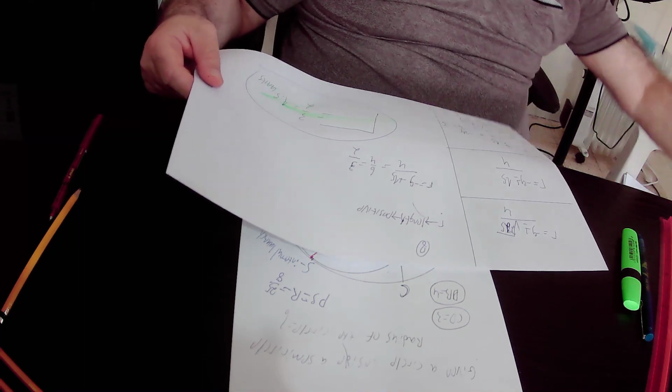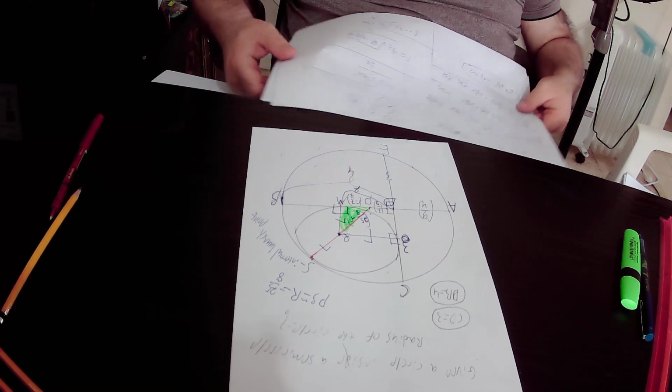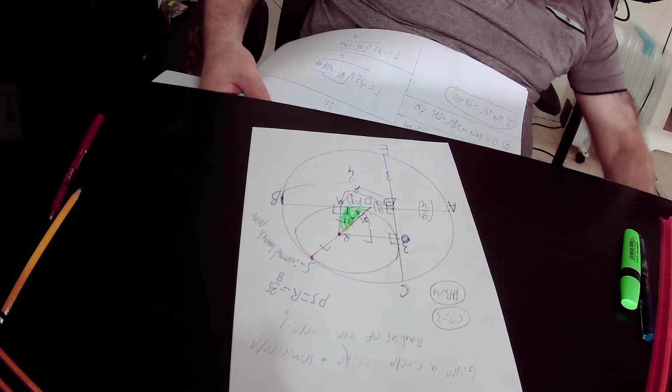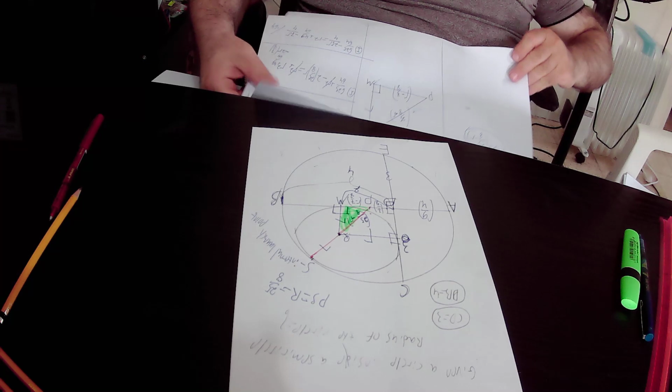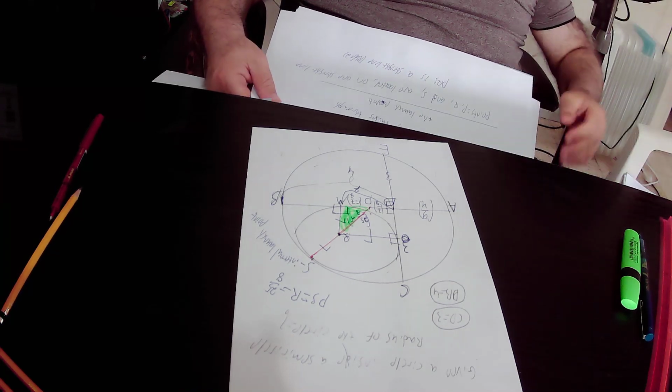Actually, we wanted to find the radius of this small circle, and we have here a semicircle.